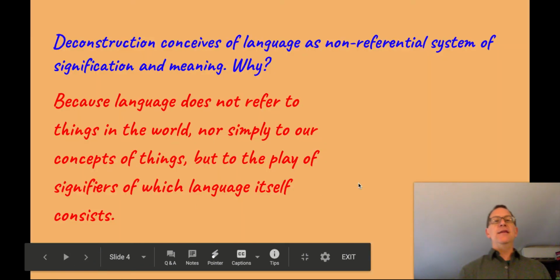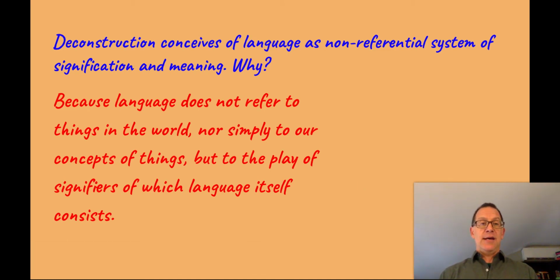So, deconstruction, just like structuralism, as Tyson says, conceives of language as a non-referential system of signification and meaning. Why? Well, just to paraphrase Tyson, because language does not refer to things in the world, nor simply to our concepts of things, but to the play of signifiers of which language itself consists.